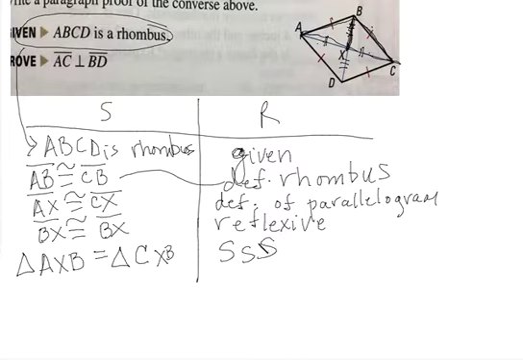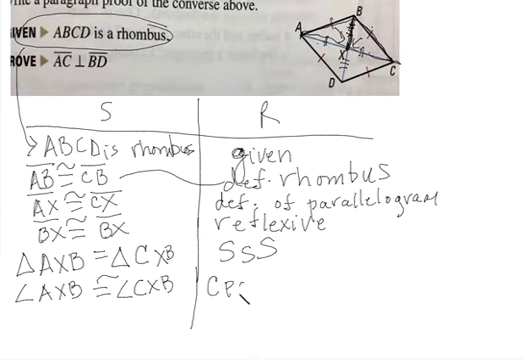Now, because these triangles are congruent, what can I say about this angle and this angle? I could say that angle AXB is congruent to angle CXB, because corresponding parts of congruent triangles are congruent. So these parts right here are congruent to each other.